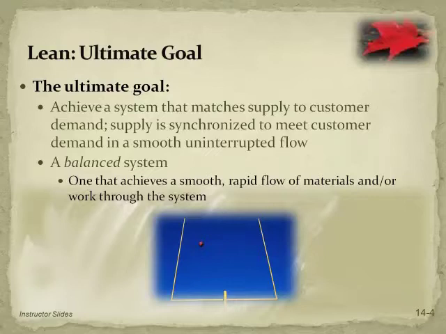It's a smooth flow of material, a rapid flow of material, where things arrive just when they are needed. Very smooth, but very rapid. But when I say rapid, I'm not talking about a frantic pace. It means things move fairly quickly, but no one seems to be working at a frantic pace in order for this to happen.